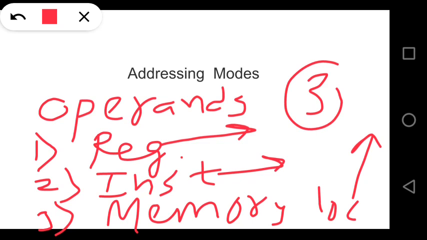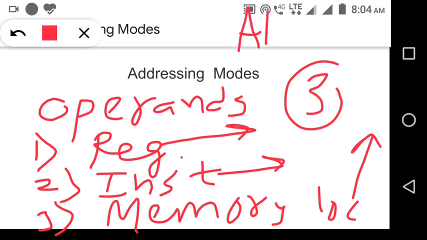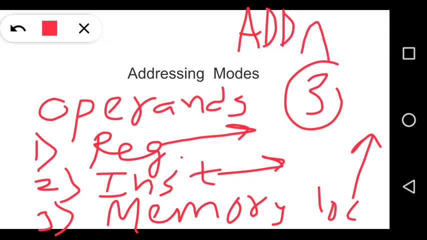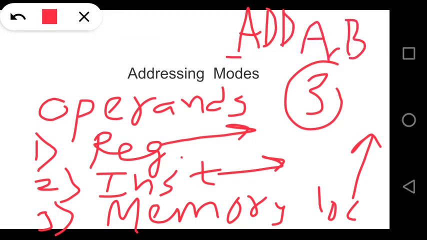See, when we want to execute any instruction such as add a comma b, the control unit decodes this opcode add and sends a signal to the ALU saying that you are required to perform an addition operation. The ALU understands from the signal coming from the control unit that it has to perform addition.